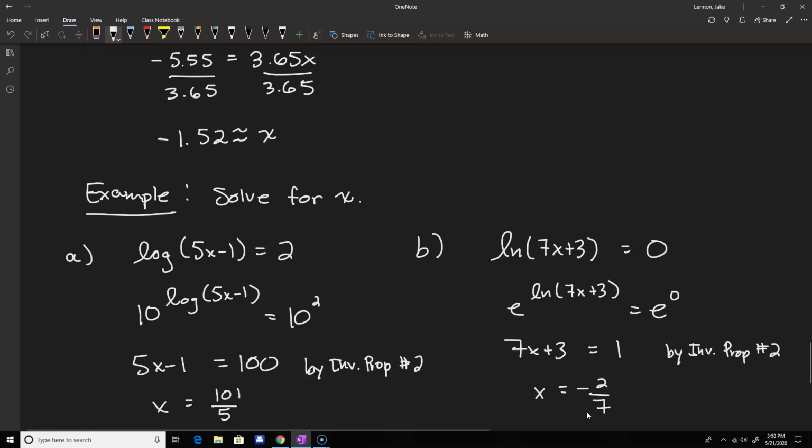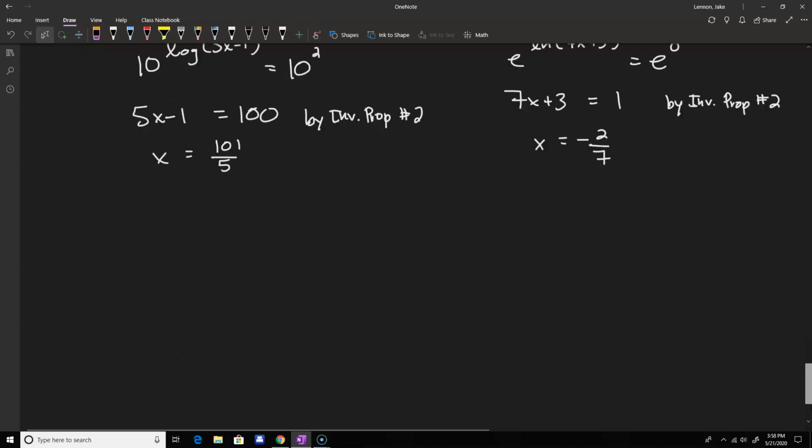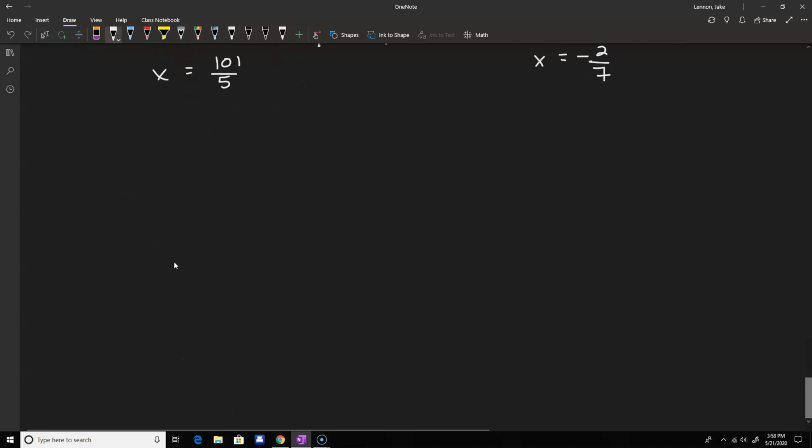Let me go ahead and highlight one other interesting example that will show the difference of where the exponent is in both of these equations. So let's think about solving the natural log of x quantity squared. So this means natural log of x times natural log of x, versus the natural log of x squared. So this would mean the natural log of x times x.